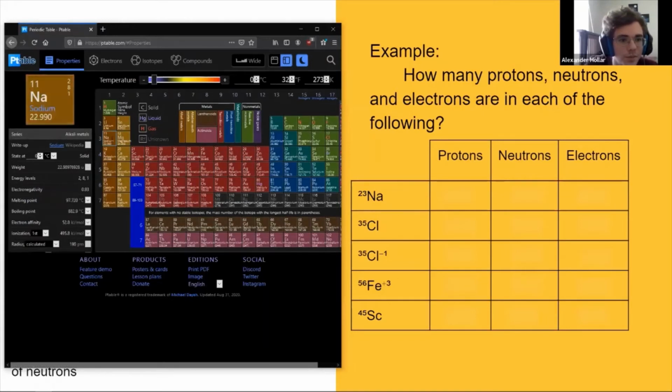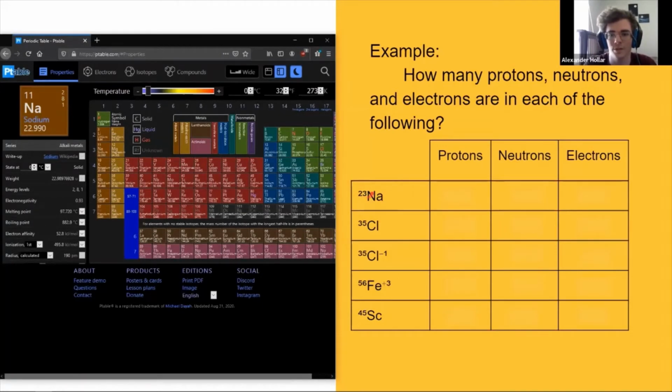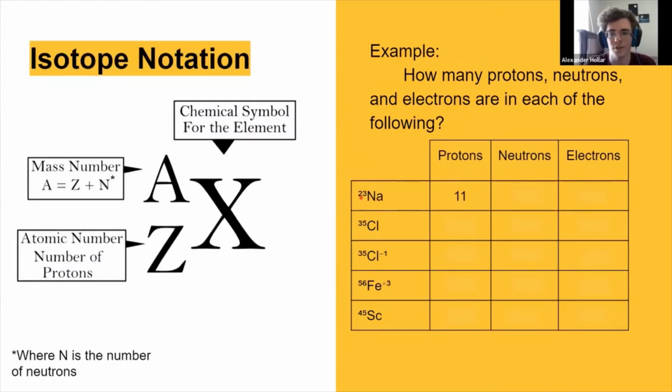So for sodium, up here in the top left, you can see it has 11 protons. So knowing that it has 11 protons, and that protons plus neutrons is 23, how many protons, neutrons, and electrons does it have? Like we said, the number of protons is 11. That means the number of neutrons would be 23 minus 11, which is 12.